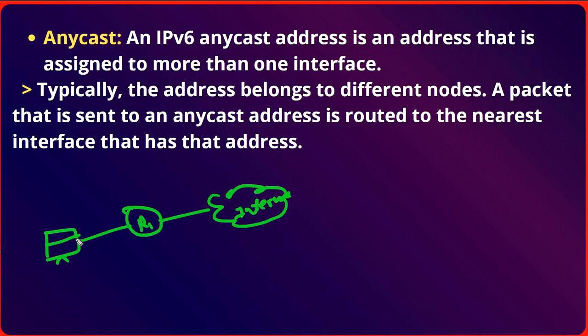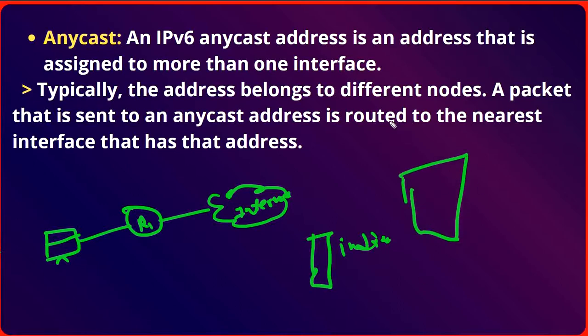There will be a Google server in India as well. Suppose this is the Google server of India, this is the Google server of the US, this is the Google server of Nepal, this is the Google server of Delhi, XYZ place.